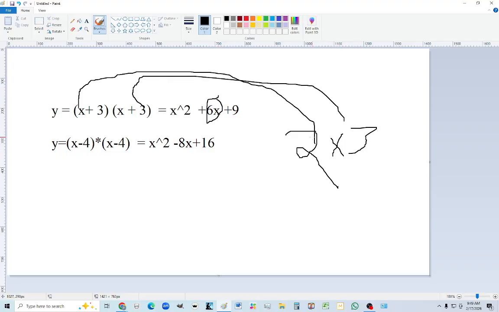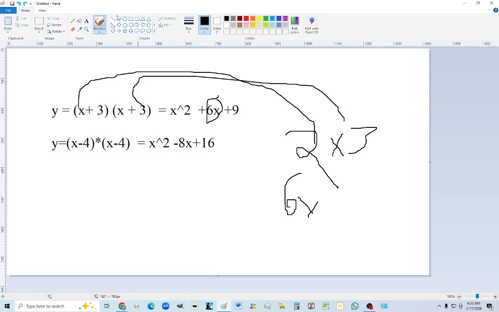Remember, there was always 2 of them. 2 times 3 is 6x. 2 times x, 2x, times minus 4, is minus 8x. If you want, you can do the 2 times the number first: 2 times minus 4 is minus 8, times x, minus 8x.